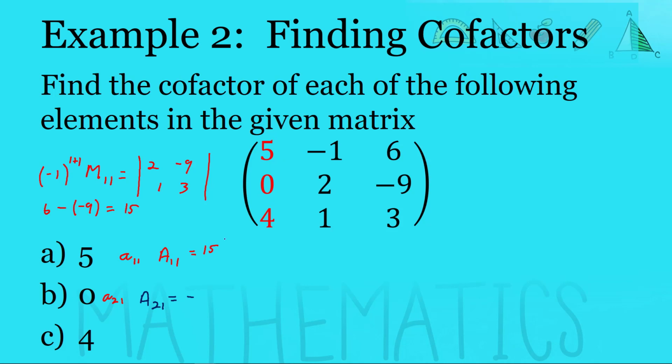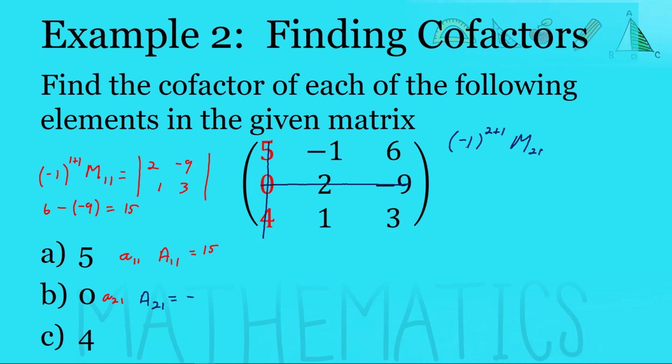That's at location A21. So this is going to be equal to -1 raised to the 2 plus 1 power times the minor associated with the element at location 21. Okay, well, you can find the minor by defining the determinant of this particular matrix.